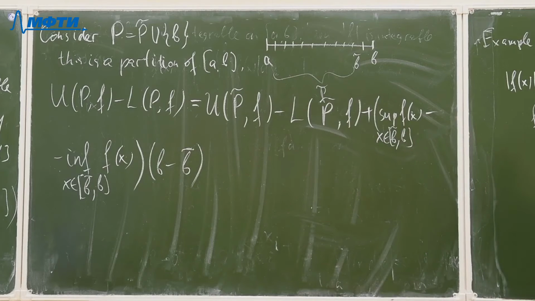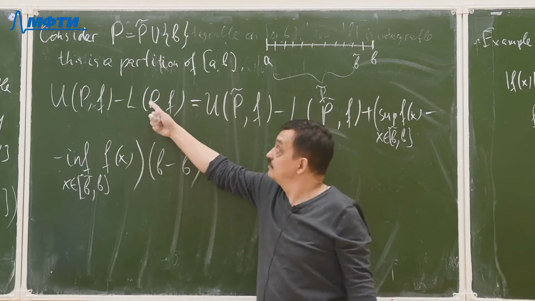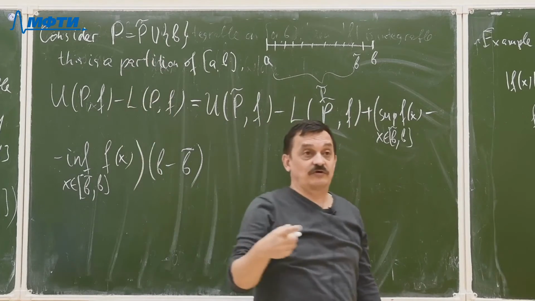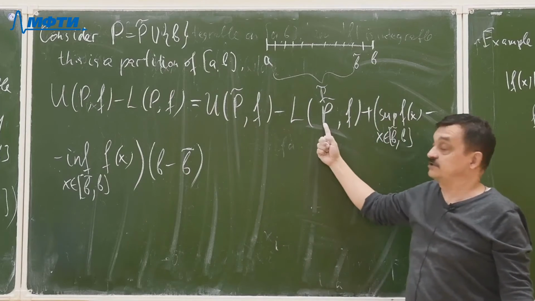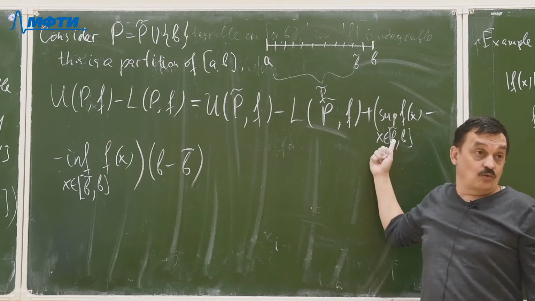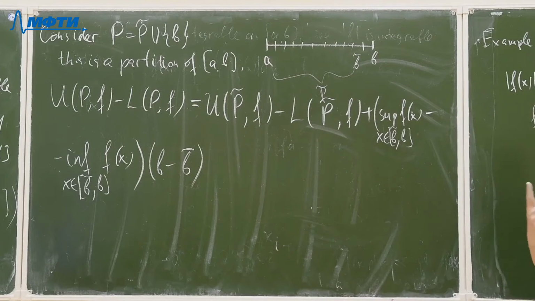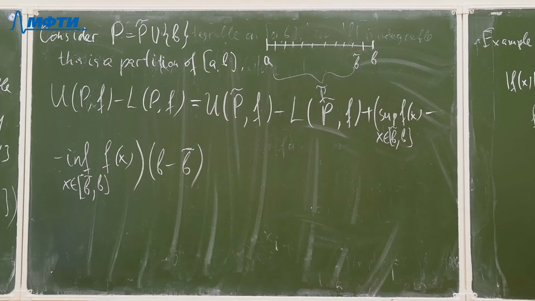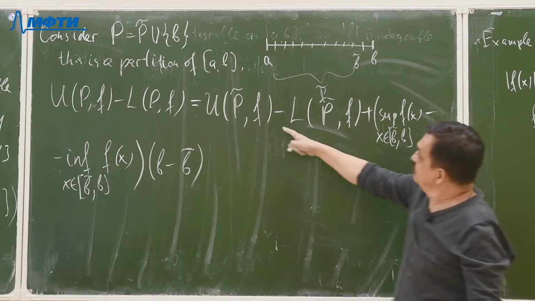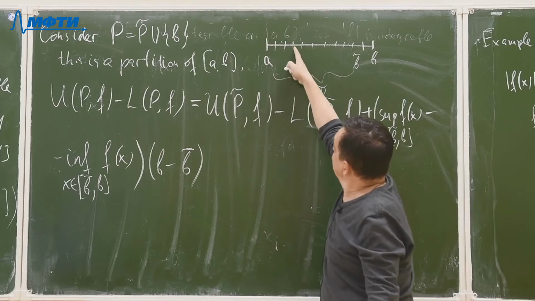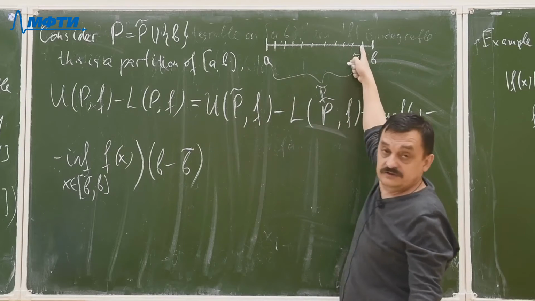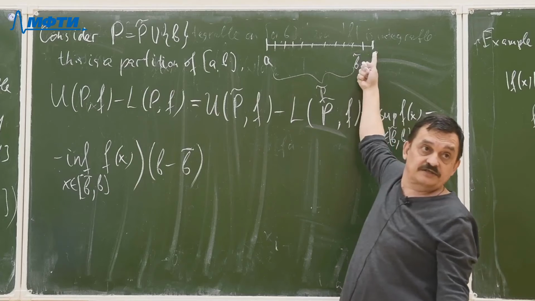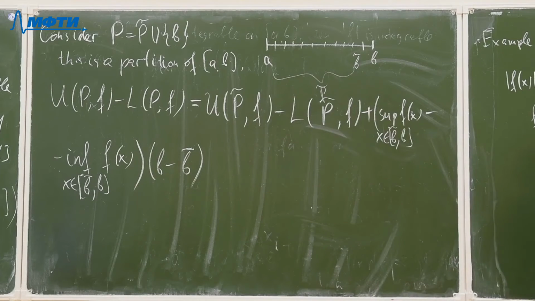So both upper and lower Darboux sums for the partition P, by the definition, differ from the sums for partition P tilde by one extra term, which corresponds to the last interval.